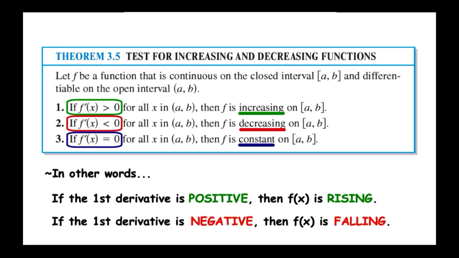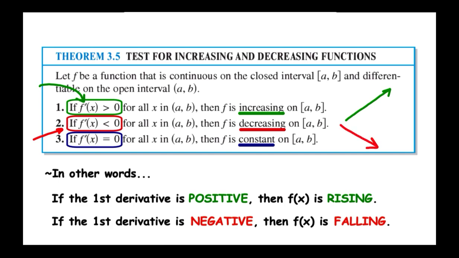Okay, hopefully this makes sense. I think we've already sort of seen it. Remember that derivatives function as slopes of tangent lines and slopes of curves. So it makes sense that if the slope or derivative is greater than 0 or positive, then the graph is going to rise or increase. And sure enough, it does. Similarly, if the slope or derivative is less than 0 or negative, the graph's going to fall or decrease.